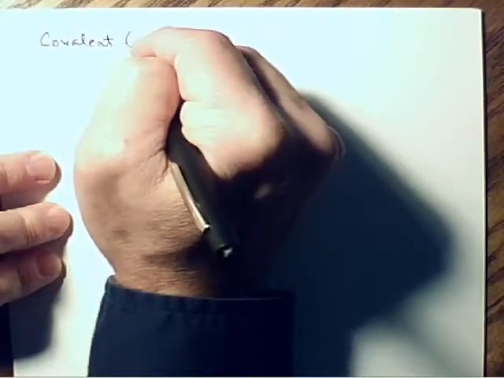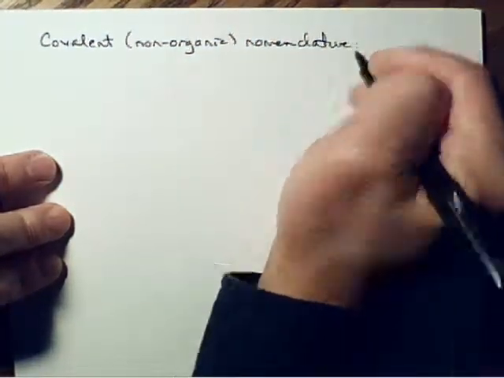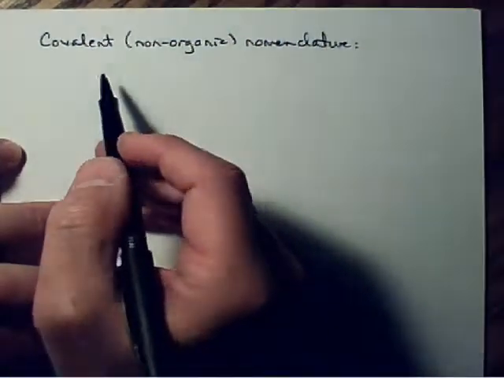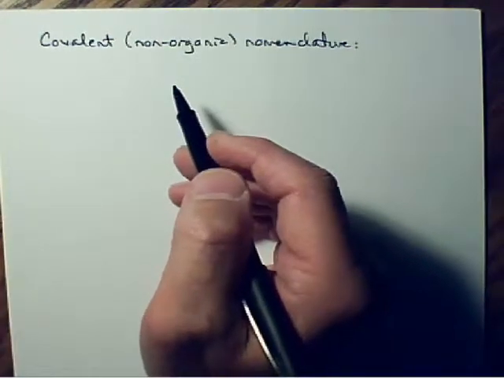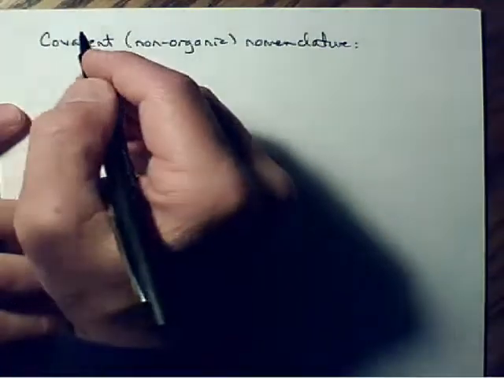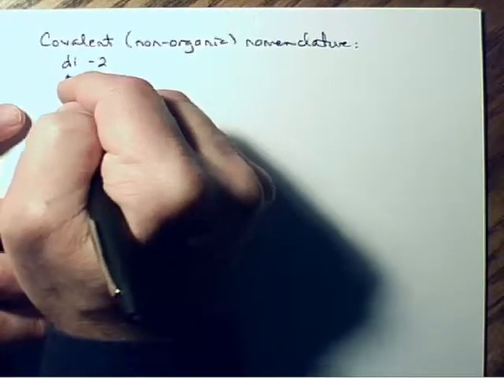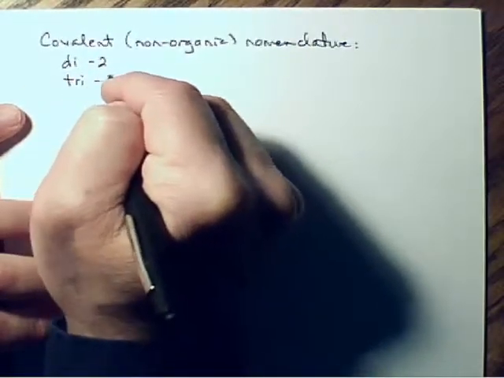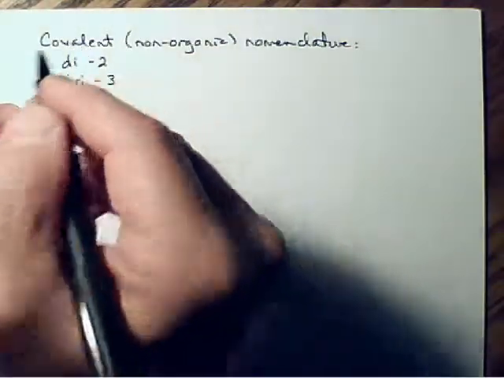So let's talk about the covalent nomenclature. And this is non-organic. For naming the covalent compounds that are not organic, you need to know some prefixes. Some of these I'm sure you're familiar with already. Di is 2. Tri is 3. Tricycle is a 3-wheeled vehicle.